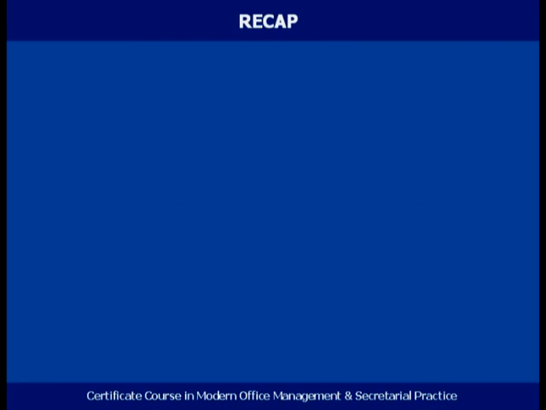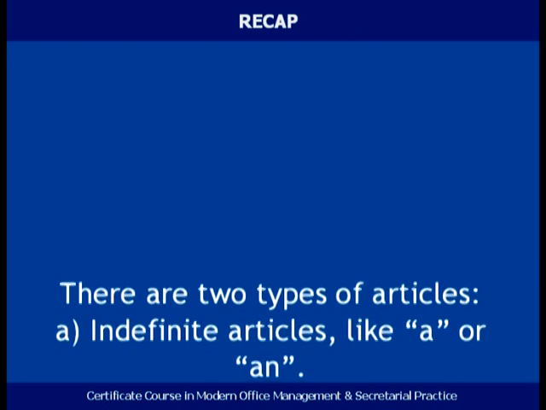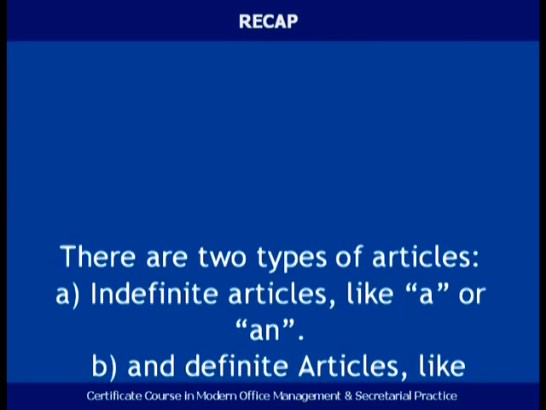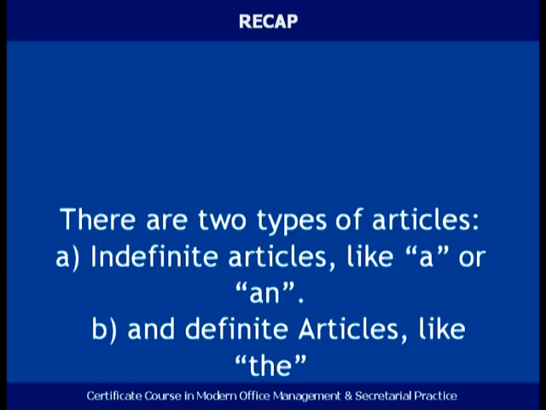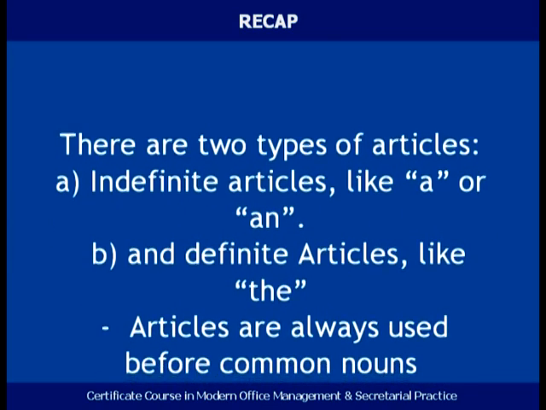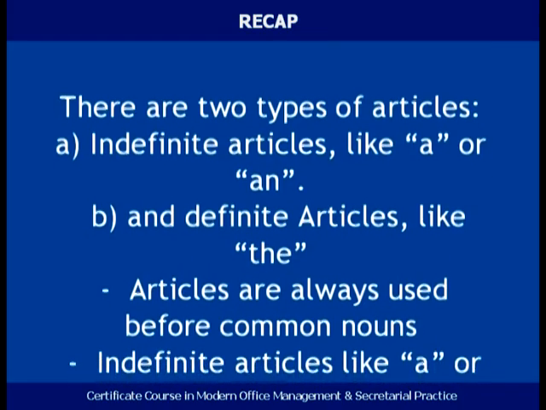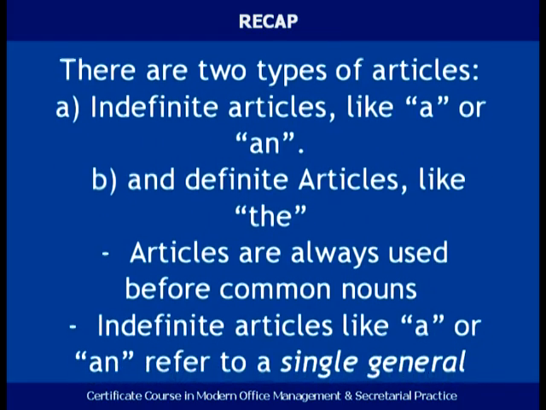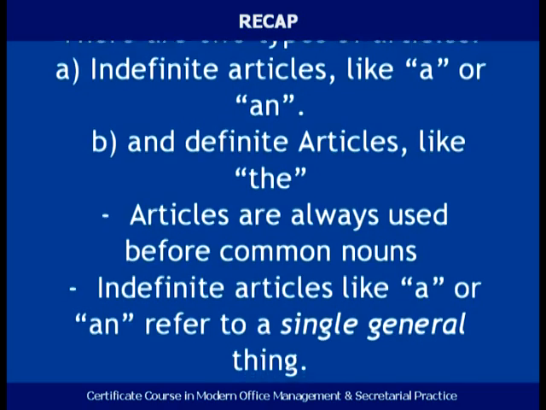Let's briefly review what you have learned today. There are two types of articles. Indefinite articles like a or an, and definite articles like the. Articles are always used before common nouns.